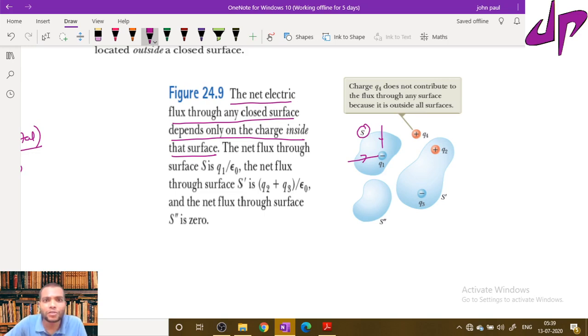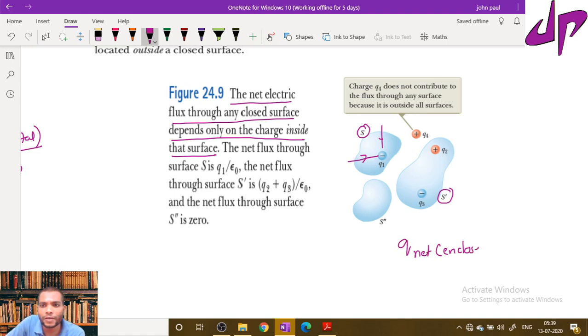And the net flux through the surface S dash is Q2 plus Q3 upon epsilon naught, because this second surface is enclosed by the two charges and we need to add them as a total charge, or we can represent it as Q net enclosed.